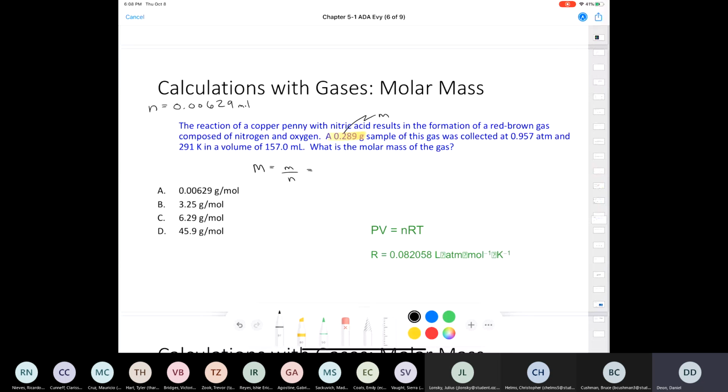Let's plug that in. 0.289 grams divided by 0.00629 moles. The units of molar mass are grams per mole, and we end up with a molar mass of 45.9 grams per mole.